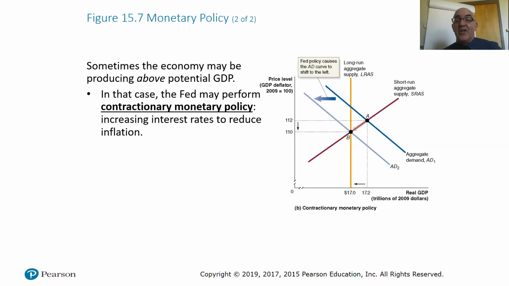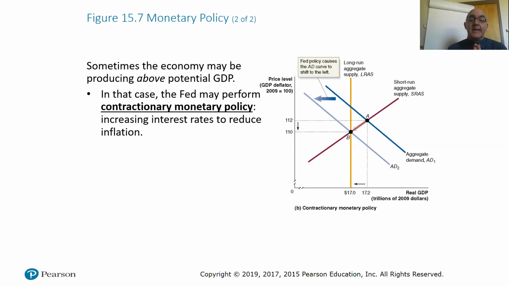So even though the federal government wants this boom to continue because it makes them look good, the Federal Reserve, which has to think about the long term, thinks the economy's overheating, inflation is starting to creep back up. Let's change our policy a bit, and then they will do contractionary monetary policy.